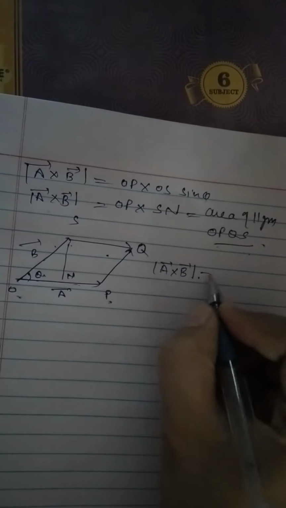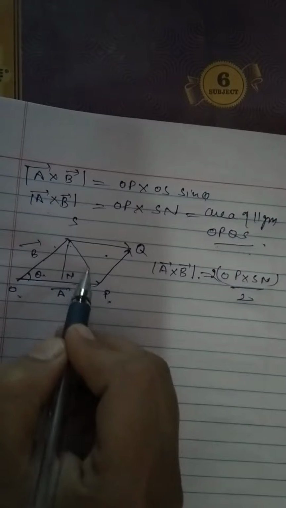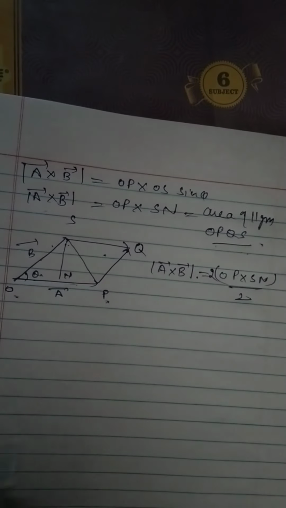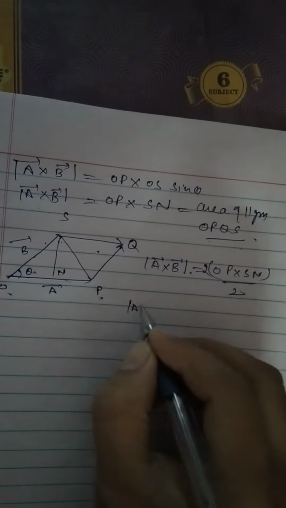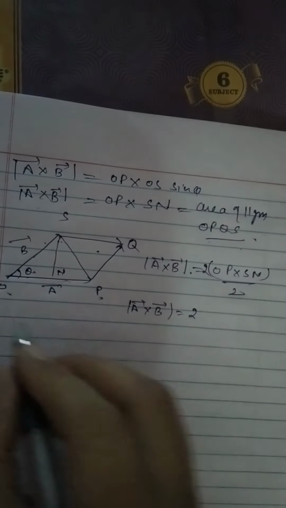Now, because these sides are parallel, if I take mod of A cross B as OP into SN, multiplied and divided by 2, and complete this triangle, then mod of A cross B is twice the half of base into height.